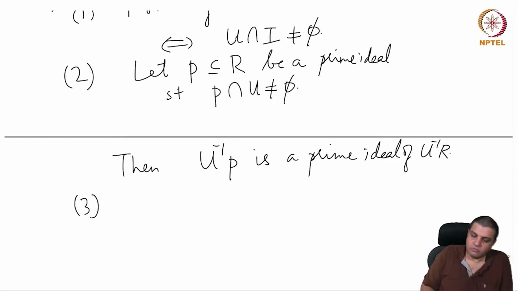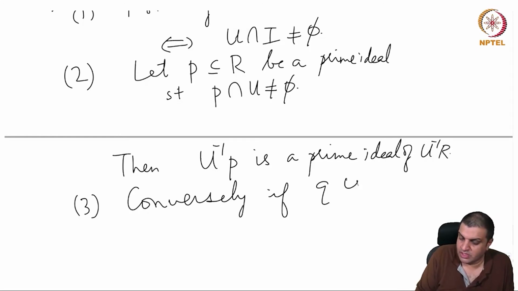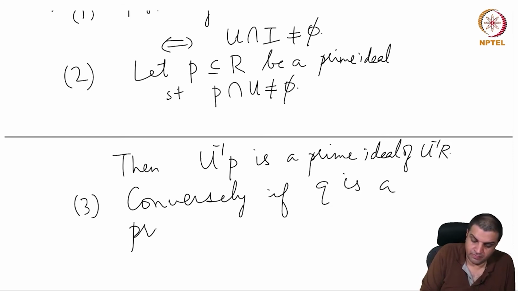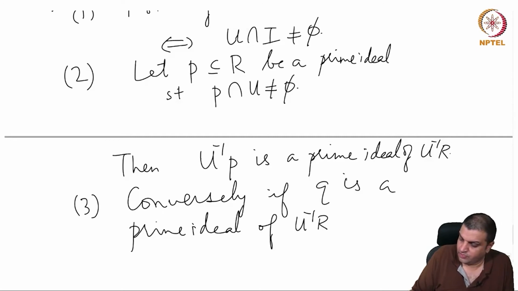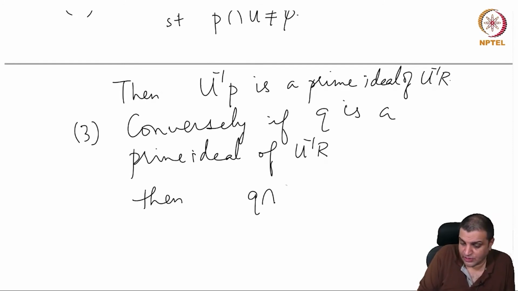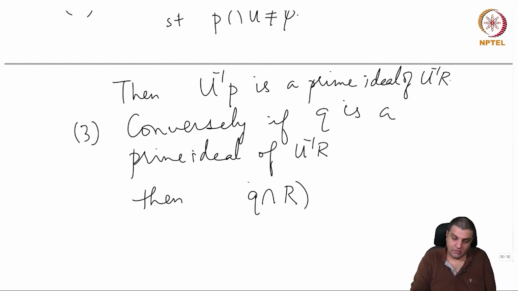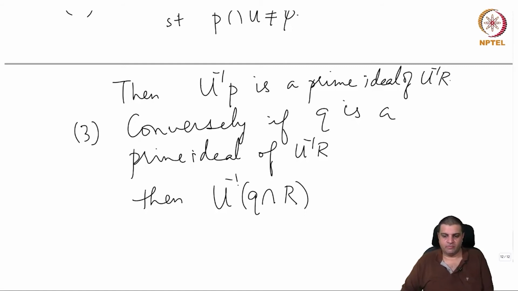3. Conversely, if Q is a prime ideal of U inverse R, then we can look at the contraction of Q to R, which is a prime ideal of R, and then we can extend it to U inverse R. So we get this one.